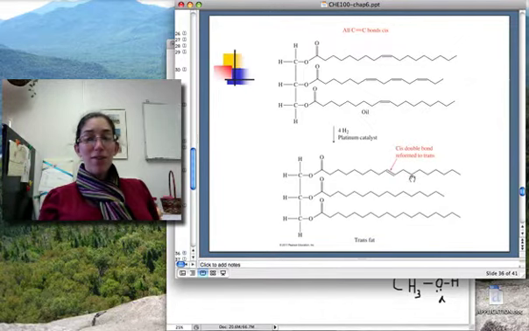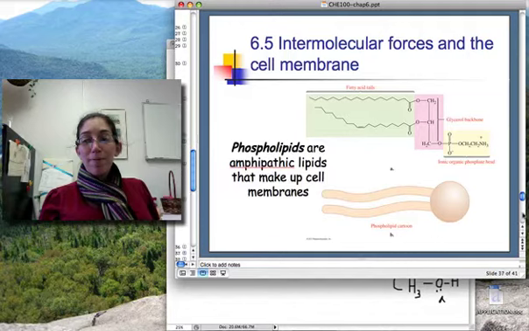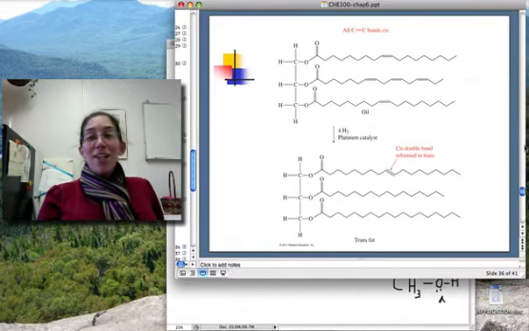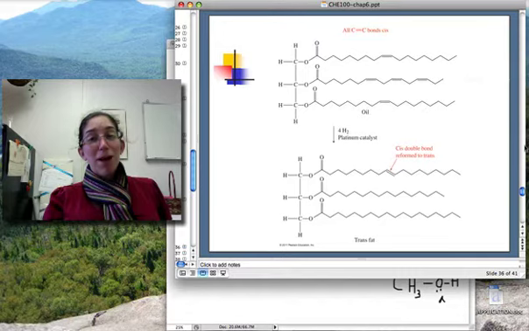And so this fat will be much more likely to be solid at room temperature. Okay? So that is a little bit more detail about unsaturated, saturated fats, and trans fats, and why they have the physical properties that they do, why they are solid or liquid at room temperature.